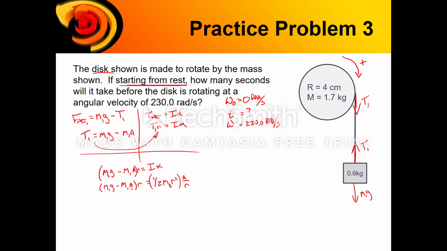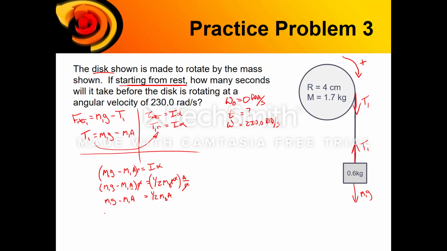Cancel out some radii, since I've got an r in each one of my terms. So I've got m1g minus m1a is equal to 1/2 the mass of the disk times a.